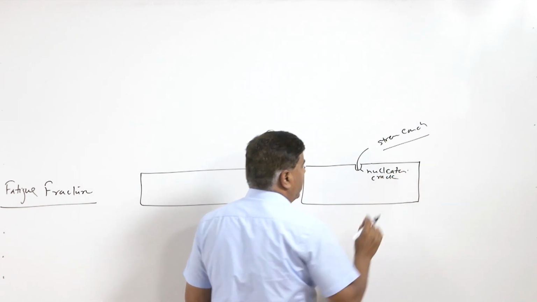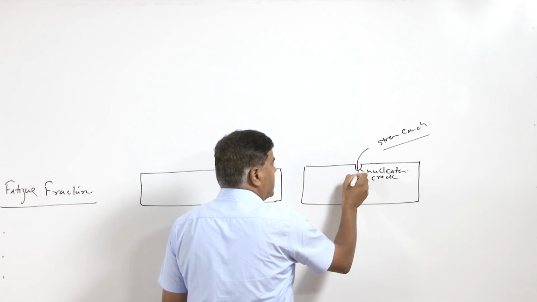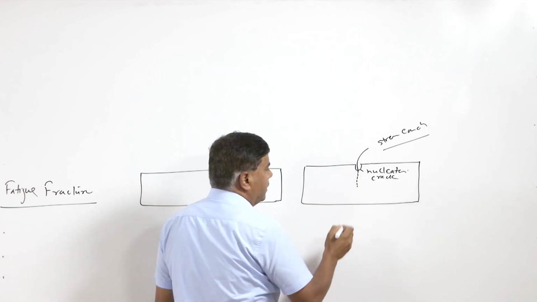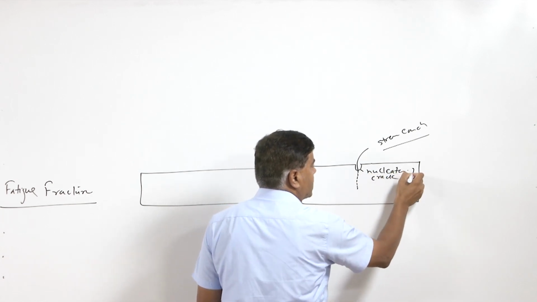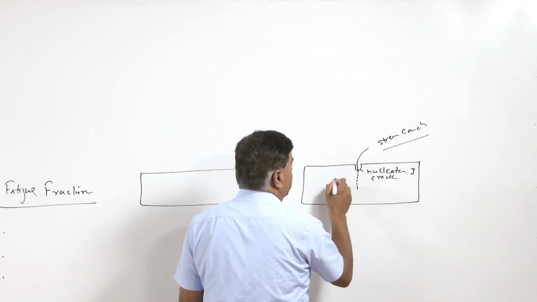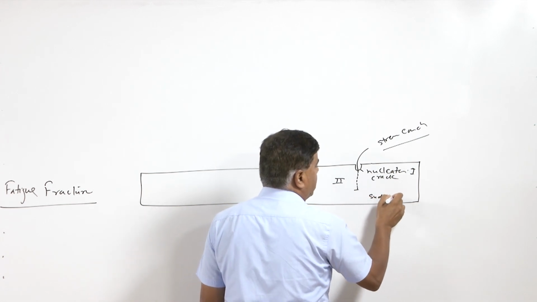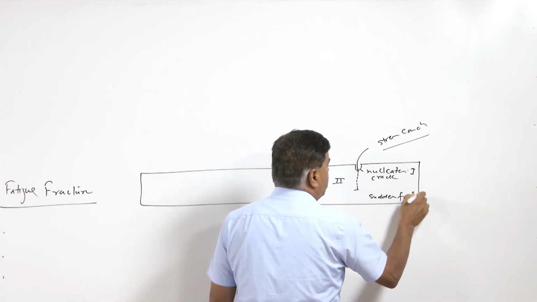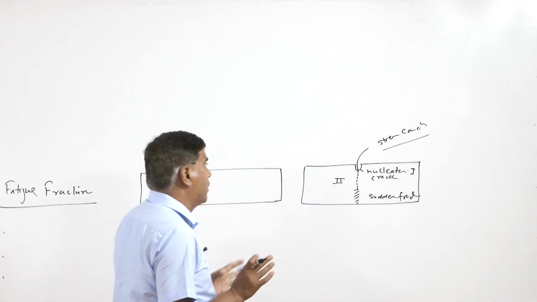Once the crack is nucleated, it will be growing sequentially until the sudden fracture takes place. So the nucleation of the crack is stage 1, the growth of the crack is stage 2, and the sudden fracture is stage 3. Each one will have a different kind of surface morphology.